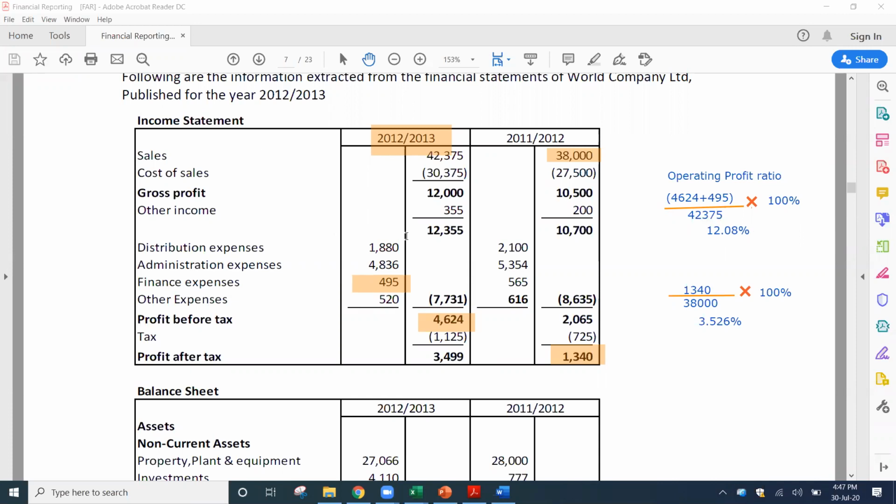Okay, so those are the three profitability ratios based on sales. So likewise, I want you all to do example 1. Calculate all the ratios for example 1. Okay, then we'll move on.